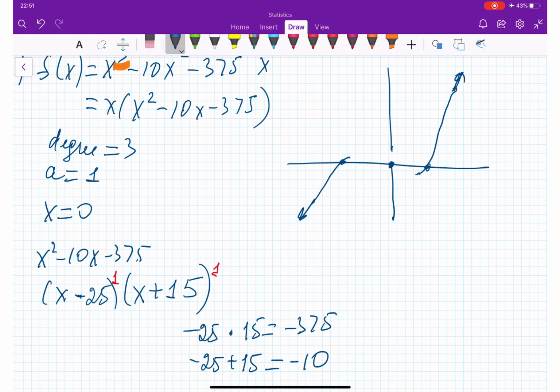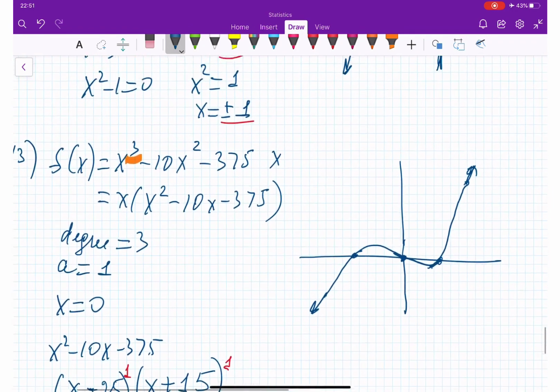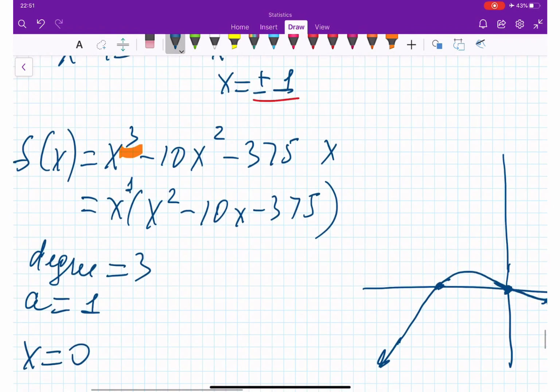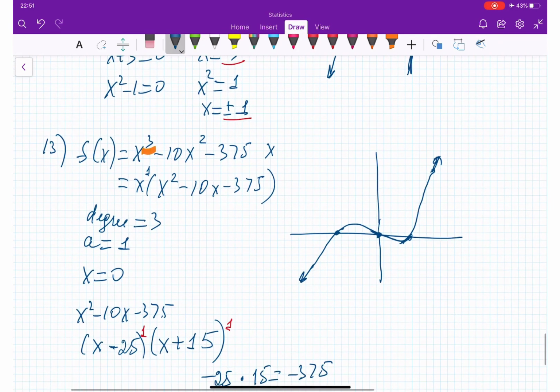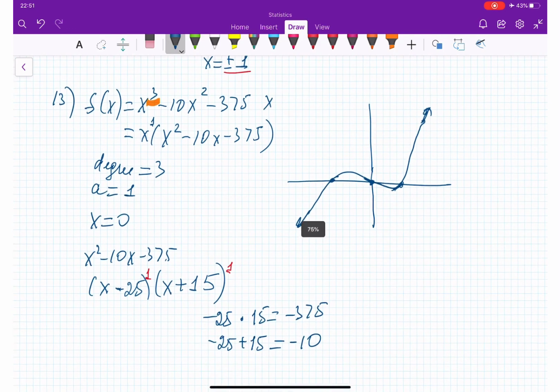The graph is going to go like this, cross this way, because we know it's going to cross. Right here we have degree 1, remember? And the graph is going to look like this.